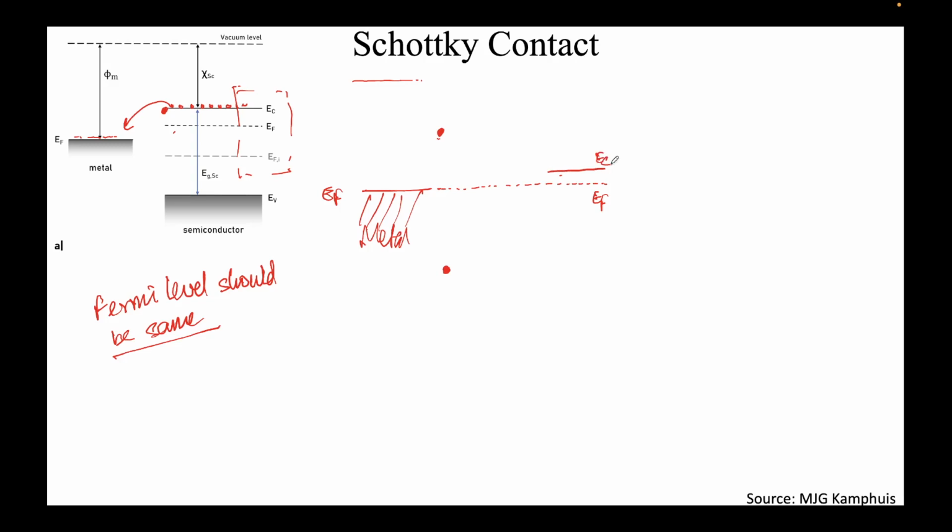Similarly, since EC is here, you can clearly see that EV will be somewhere here, right? And now we can simply join this line like this. Band bending will happen, something like this, and this will also have to be joined. You can clearly see a barrier has formed here. This is called the Schottky barrier. This was the vacuum level.